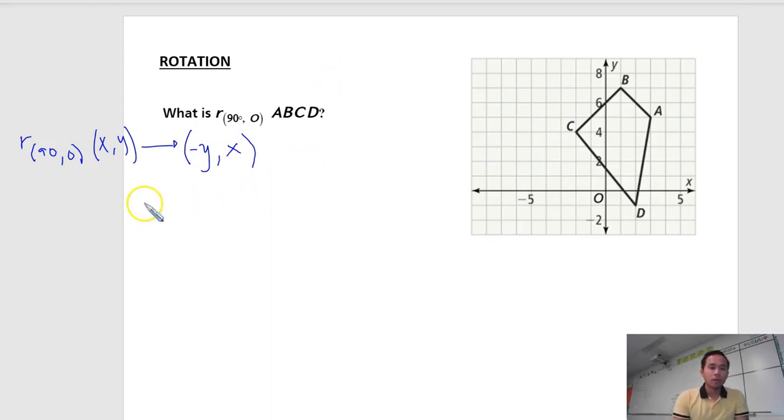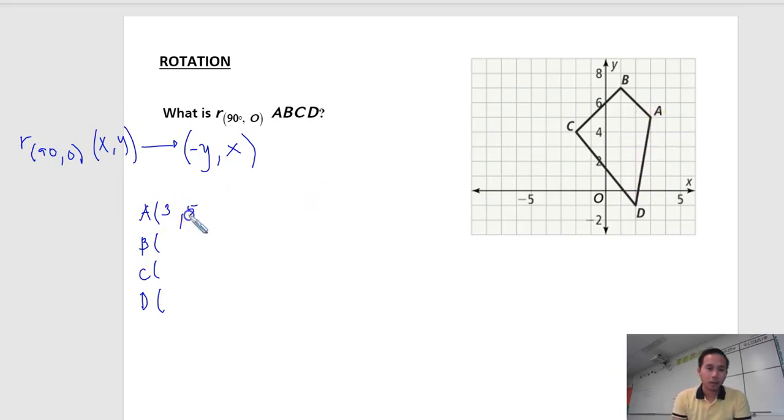So we need your A, B, C, and D points. Let's identify your points there. A is at 1, 2, 3, that's 3, and 1, 2, 3, 4, 5.